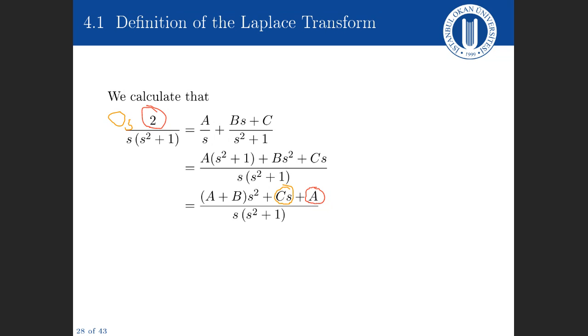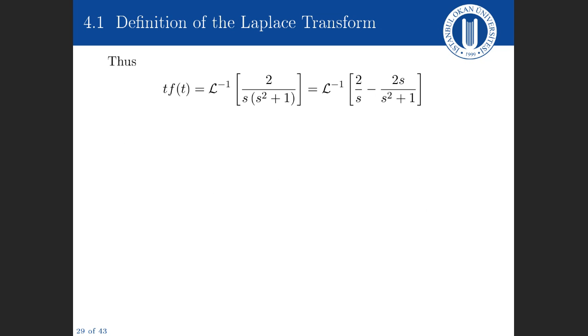And a plus b s squared must be the same as 0 s squared. So a is 2, b is minus 2, and c is 0. Okay, so in partial fractions, our function is 2 divided by s minus 2s over s squared plus 1.